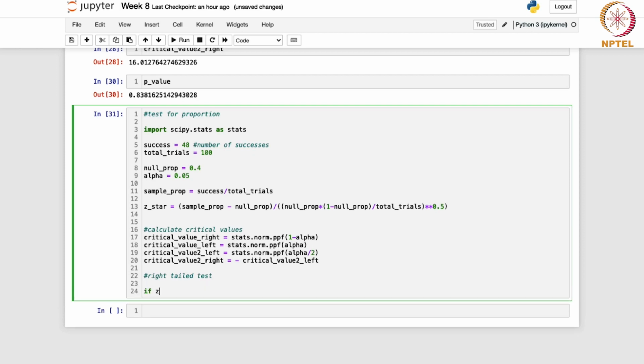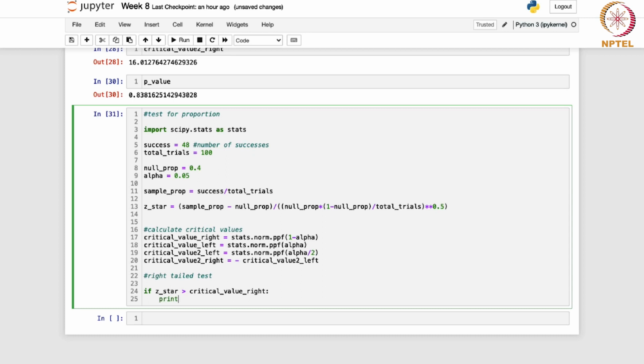If your z star value is greater than critical_value_right, that is the right tail critical value, in that case what will it print? It will print that it is a right tail test.